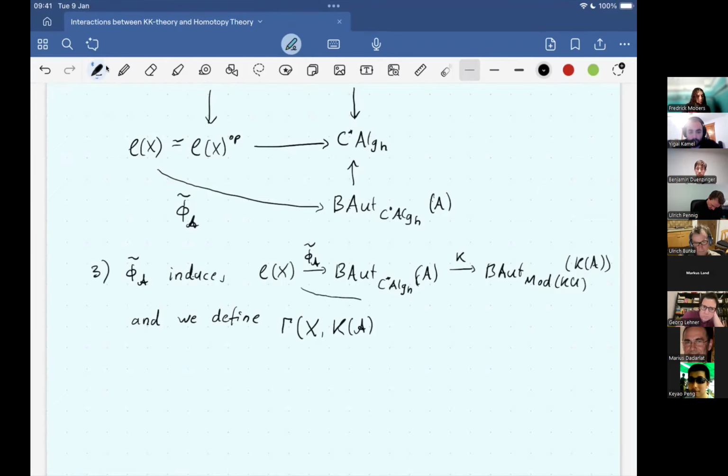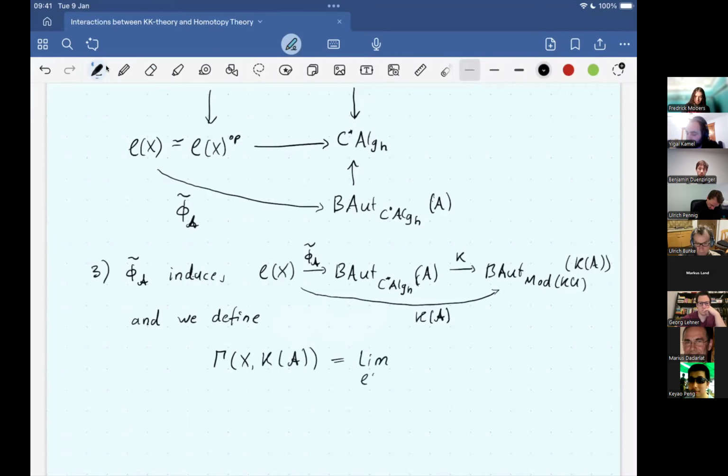So this composition here is K of A. So now I can define the global sections using the limit in module spectra, or the K-theory spectrum.